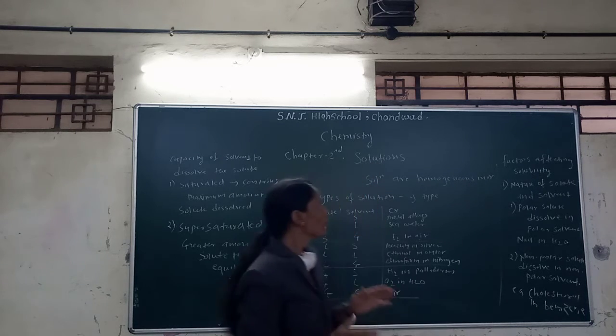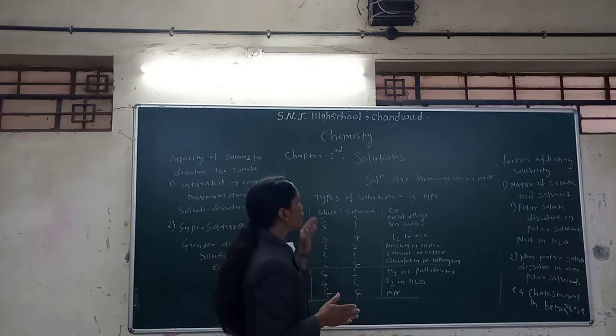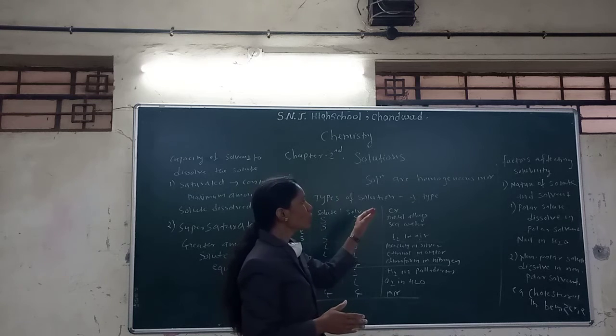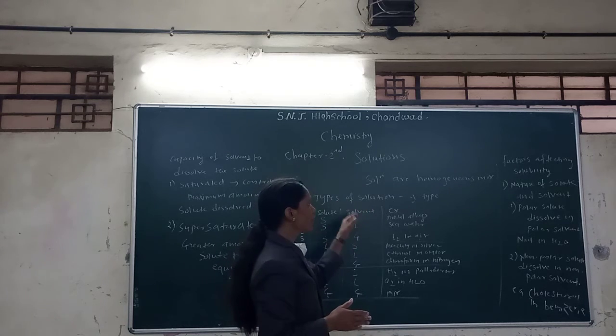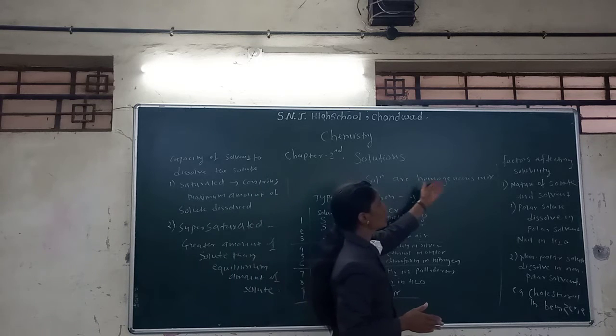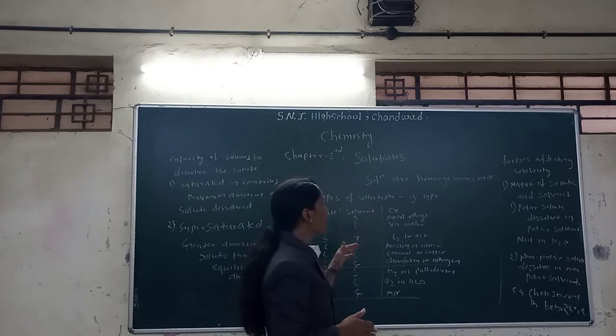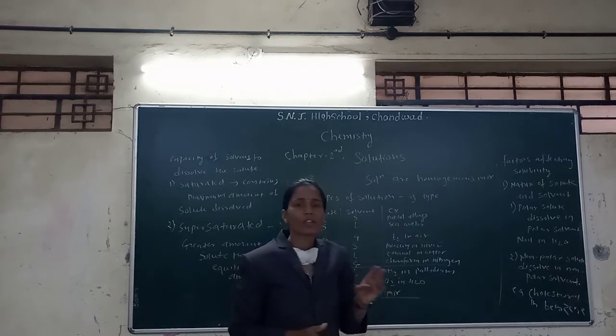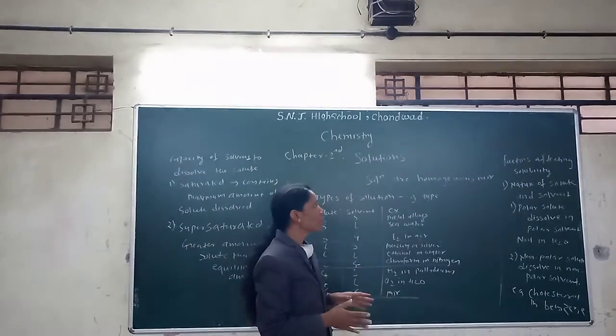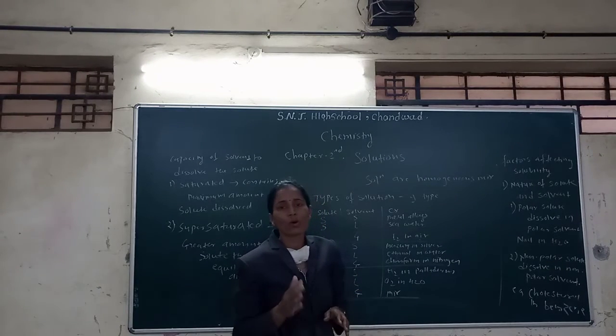Solutions means the mixture of two or more components, that is, solutions are homogeneous mixtures. Homogeneous mixture means the solute and solvent are completely dissolved to form only one layer.